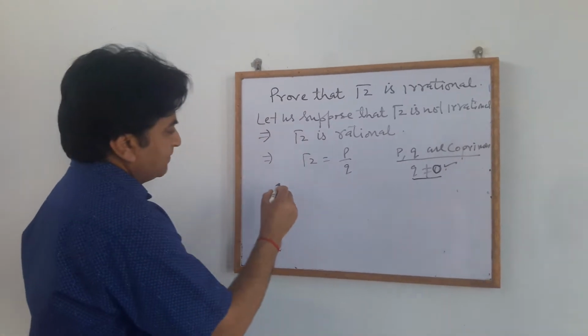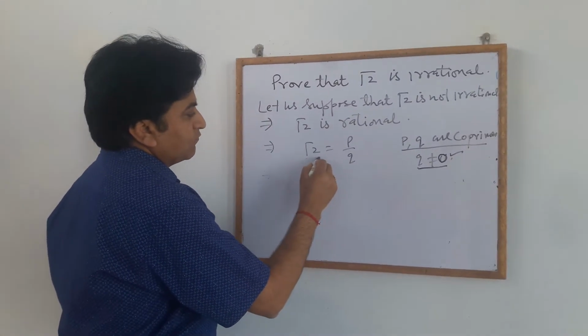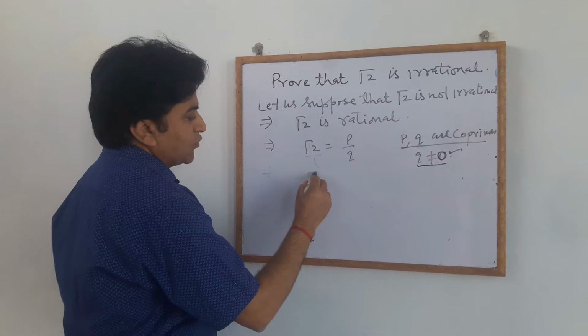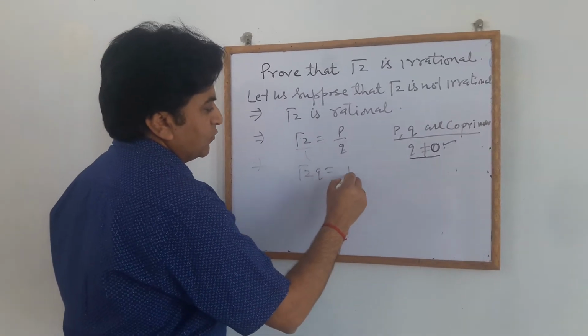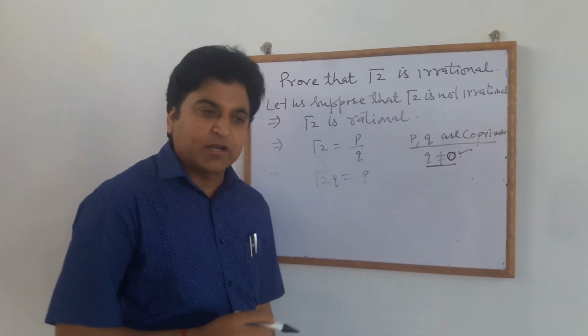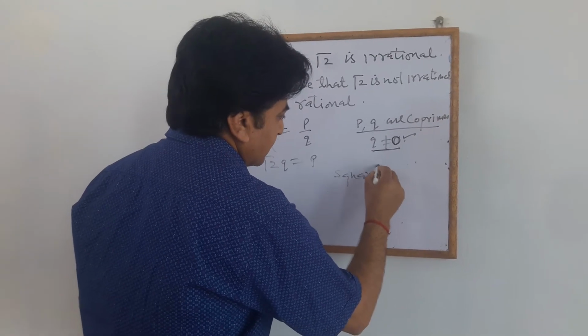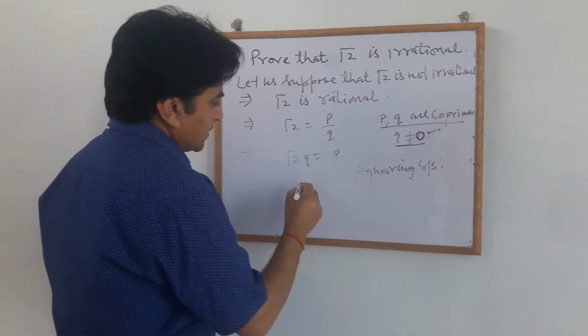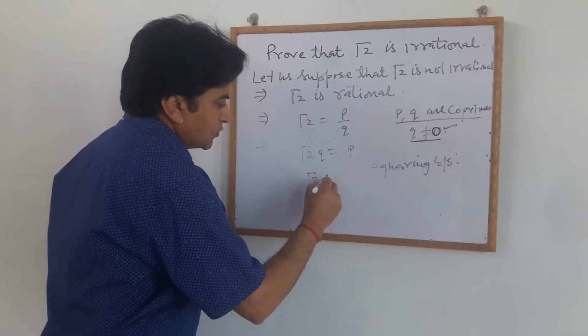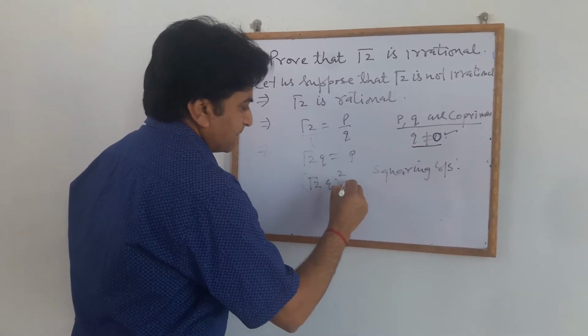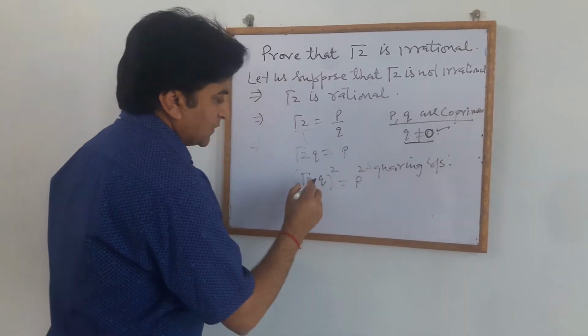So let's prove that. Now next step is to multiply. Root 2 q is equal to p. Squaring both sides, means root 2 q whole square is equal to p square.